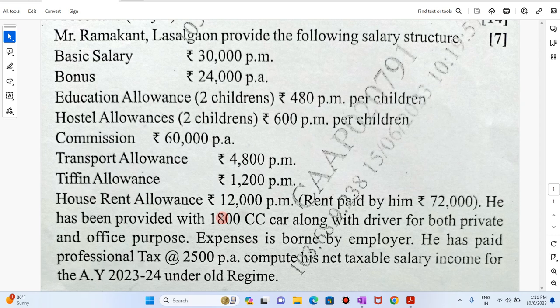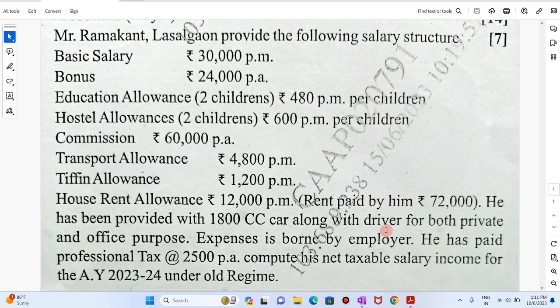After house rent allowances, he has been provided with 1800cc car along with driver for both private and office purpose. So Mr. Ramakant has been provided a car. The car cc is how much? 1800cc, and the car is also having the driver.